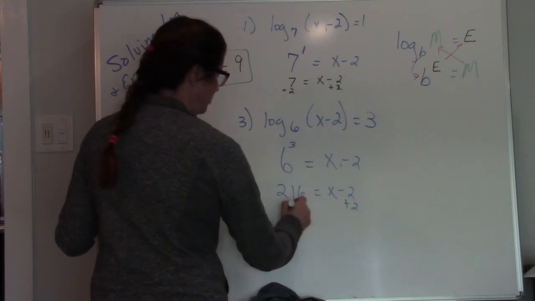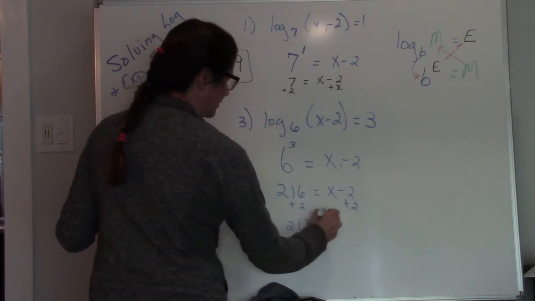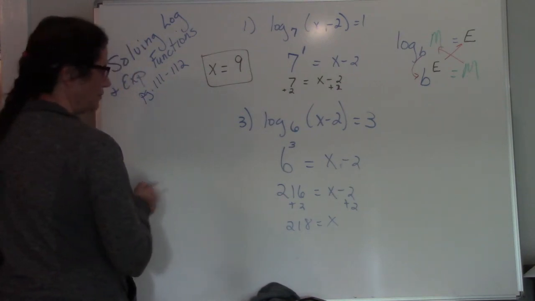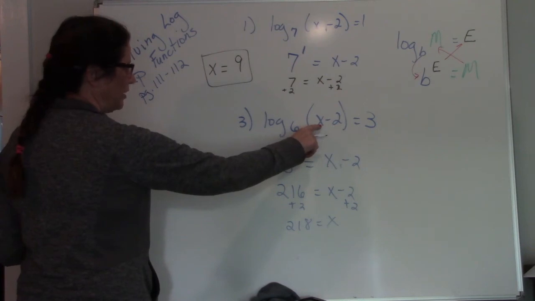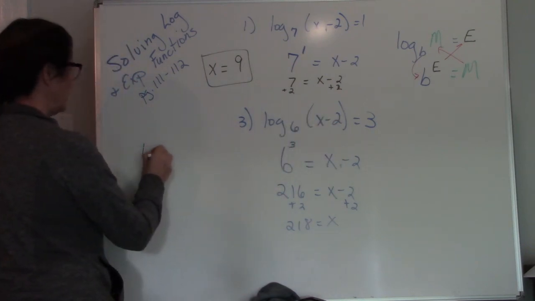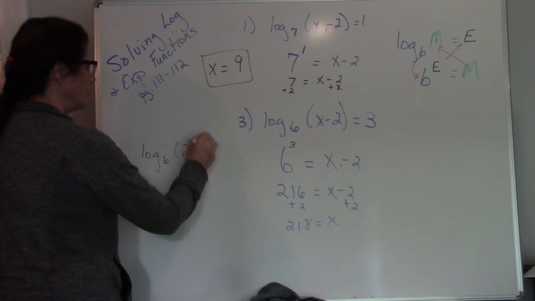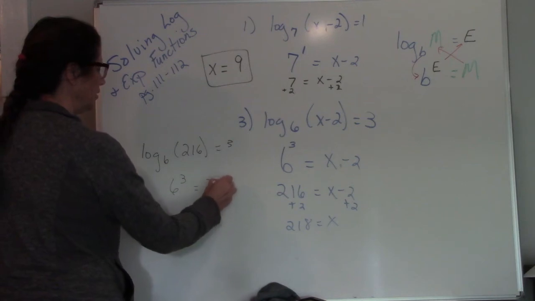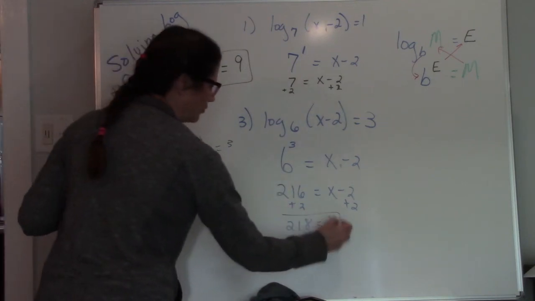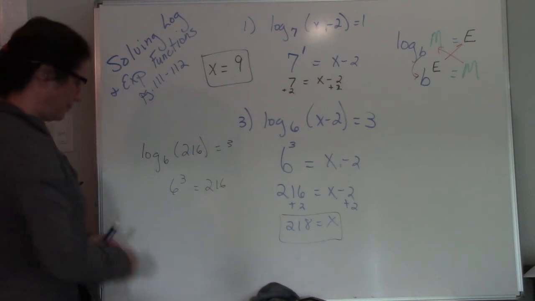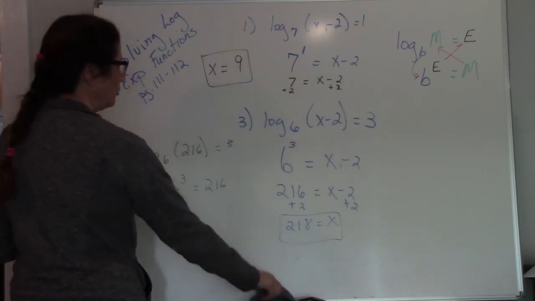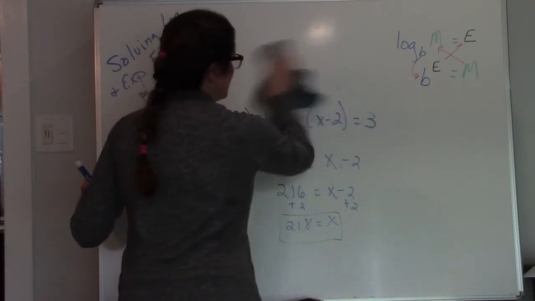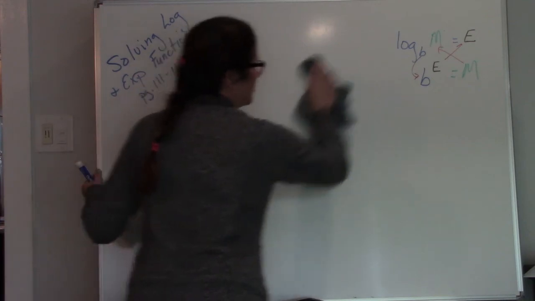I'm going to add 2 to both sides, so I get x equals 218. Now I'm going to check it. If I plug 218 in here, 218 minus 2, I have log base 6 of 216. Does that equal 3? 6 raised to the third power does equal 216, so I know that is the correct answer. Again, you start with a log and you rewrite it as an exponent to be able to solve it, because a log is just an exponent.